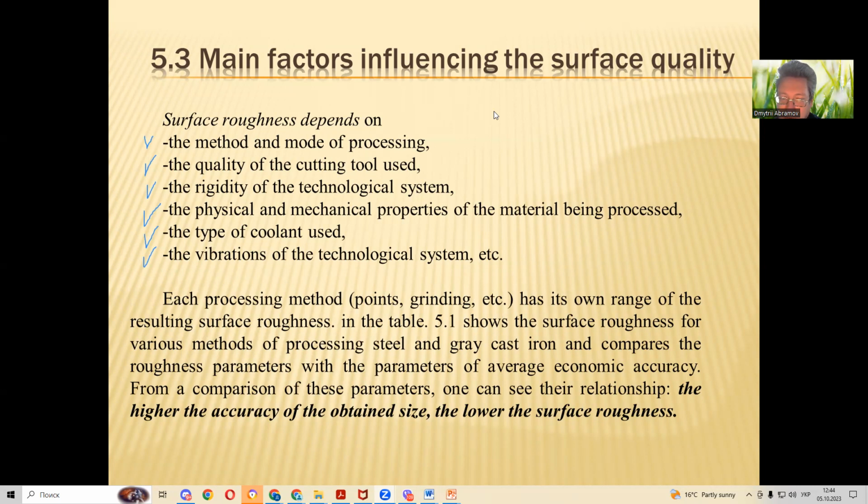From a comparison of these parameters, one can see their relationship. The higher the accuracy of the obtained size, the lower the surface roughness.